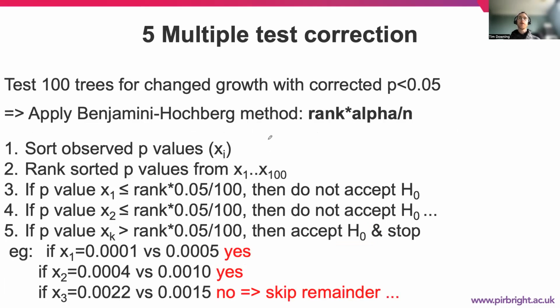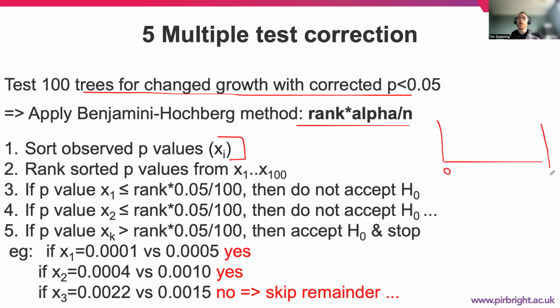So as an illustration here, if we have 100 trees with alpha value threshold the same as before, we can use that formula. So what we do is we sort our observed values. So we have some distribution ranging from 0 to 1 for our p-values, and we sort them in order. So you can think of them like we're just putting them in order as we collated them through our different tests that we did.